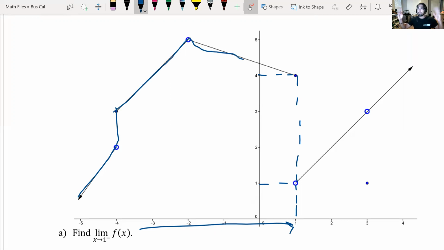And we see that as x gets closer and closer to 1, y starts to get closer and closer and closer to 4. So what we say is the limit as x approaches 1 from the left will be 4. All right. And once again, we can run it back. Just go over it, touch on it one more time.